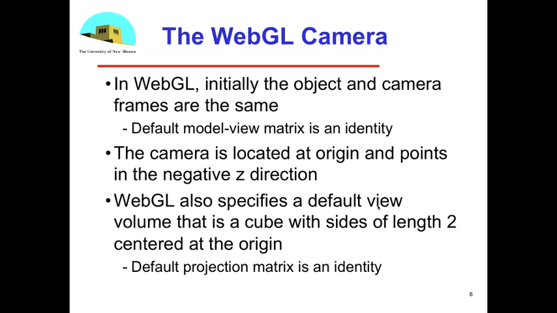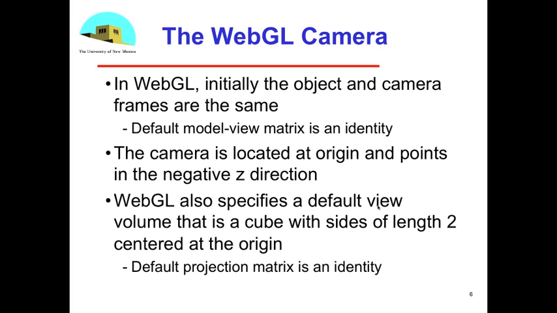So initially, if we think in terms of these frames, again, these frames don't have to be there. You can write an application with none of this, and in fact, we've been doing that by starting in clip coordinates. With the more general case, you say, I'm going to use a model view matrix. I'm going to start off in model or object coordinates, and I am going to get a model view matrix that carries me from the object coordinates out to clip coordinates.